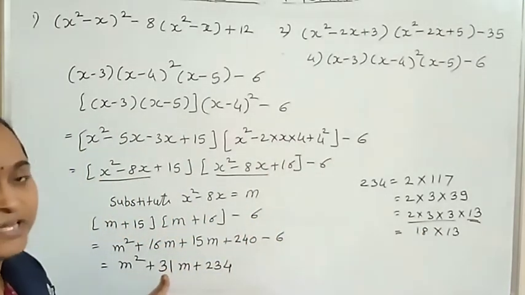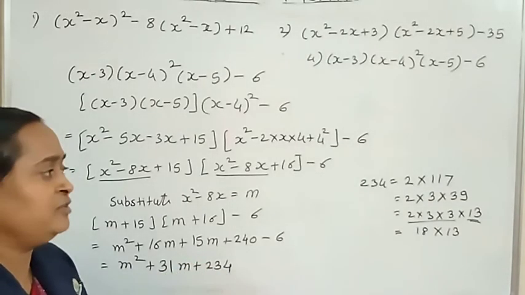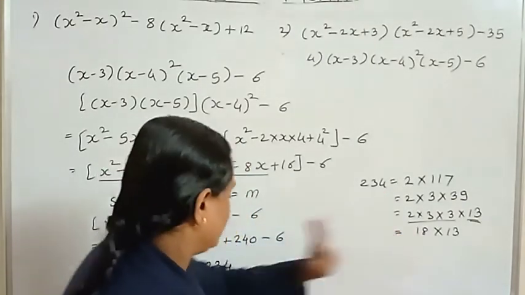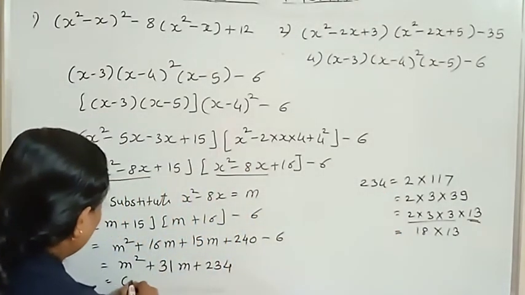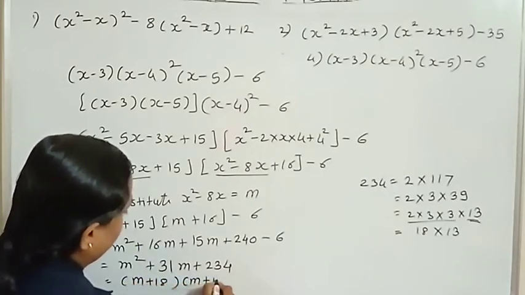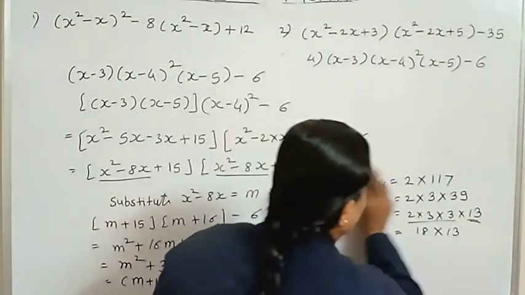Now in this way we can find the numbers. If the number is big and you are unable to find them easily, you can use this trick for finding the factors. Then you can write the numbers there, m plus 18 and m plus 13. Now see, again we have to resubstitute the value there.